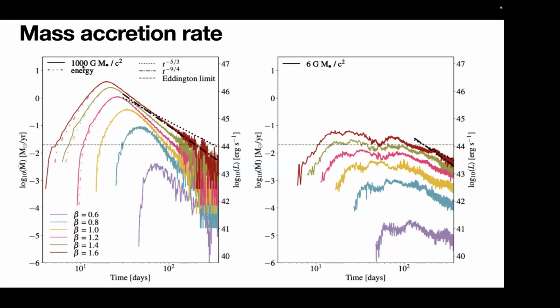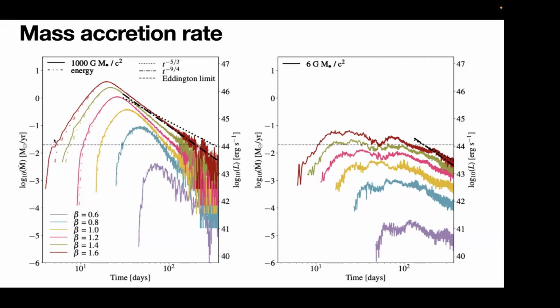We counted any material that enters a distance of 1000 GM over c squared as part of the mass fallback rate. We also did the calculation using the energy of the material using the Keplerian orbits, and we find that they match with the simulation calculation from the 1000 GM over c squared radius.